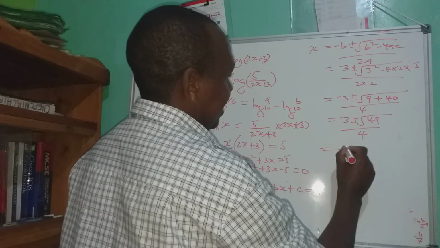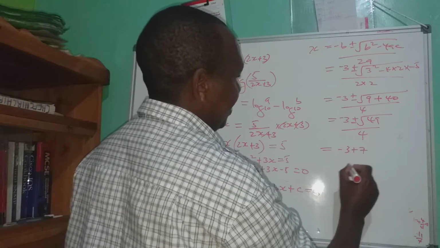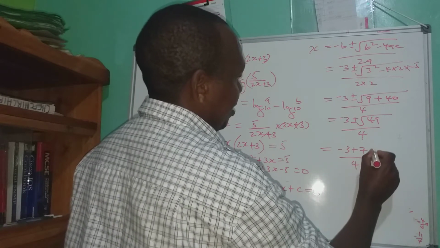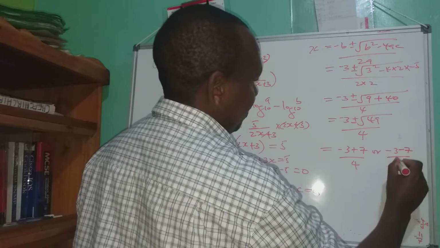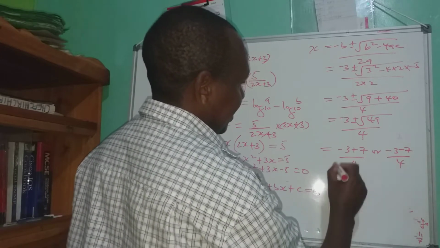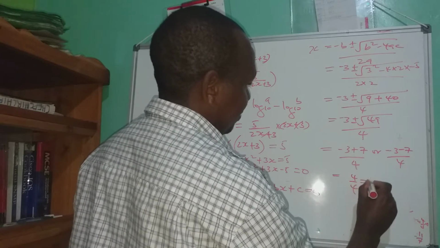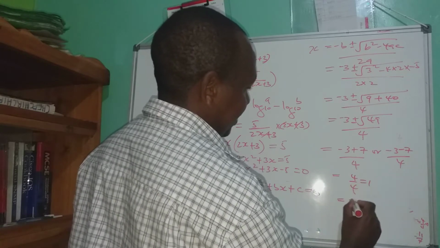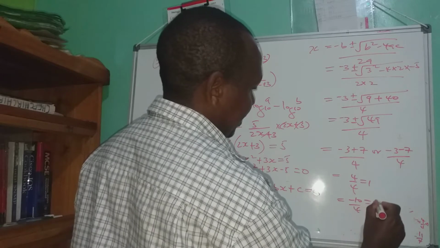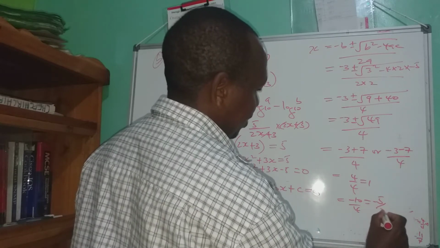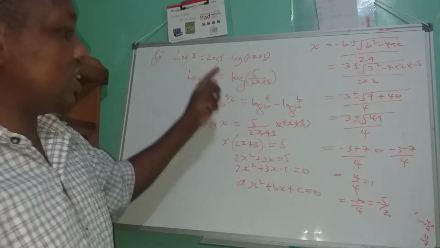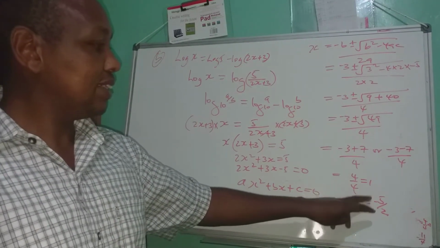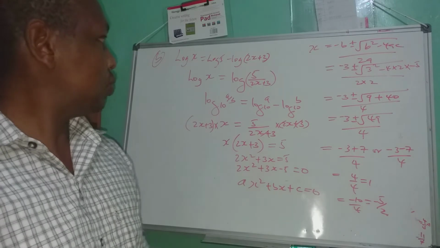So this is either negative 3 plus 7 over 4, or negative 3 minus 7 over 4. So this is 4 over 4, which is equals to 1, and this other one is negative 10 over 4, which is negative 5 over 2. So this equation has two answers, 1 and negative 5 over 2.